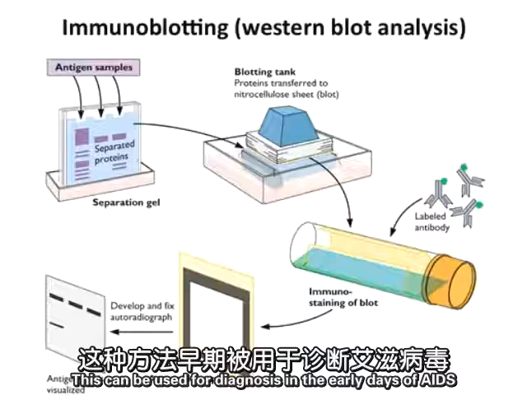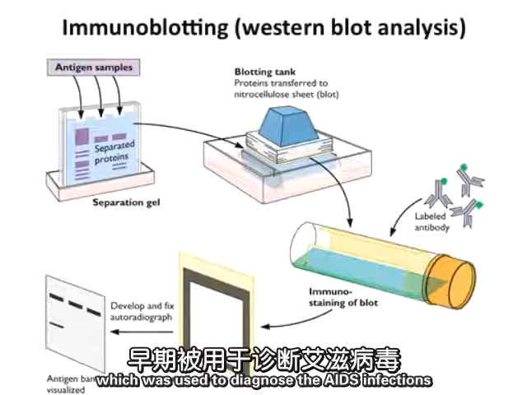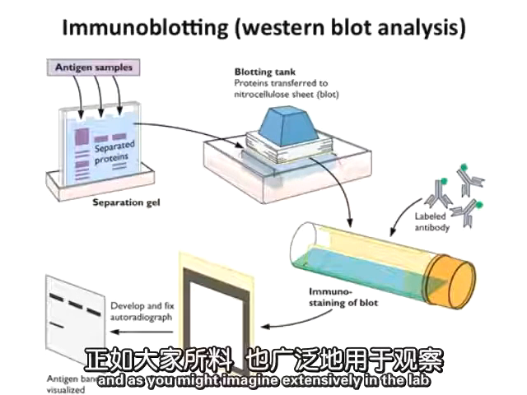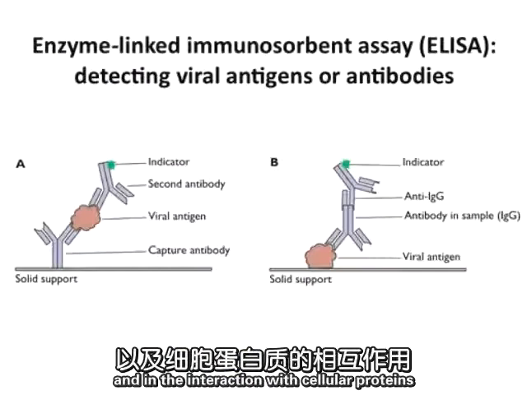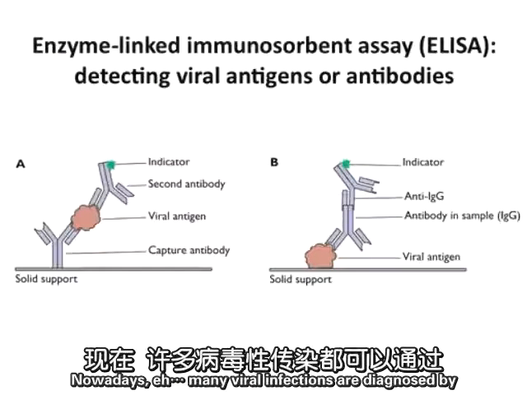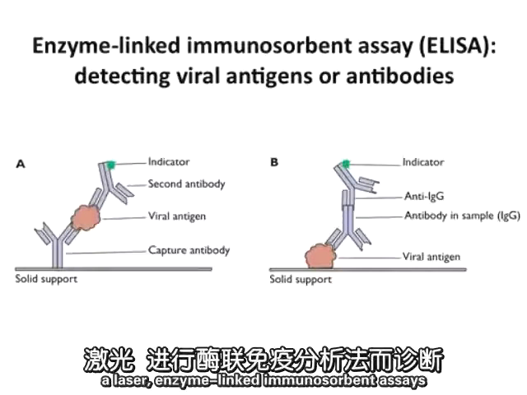In the early days of AIDS, it was used to diagnose AIDS infections. And it's used, as you might imagine, extensively in the lab to look at viral proteins in cells and their interaction with cellular proteins.